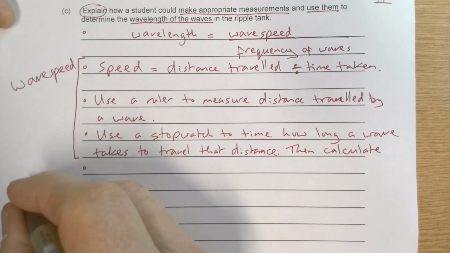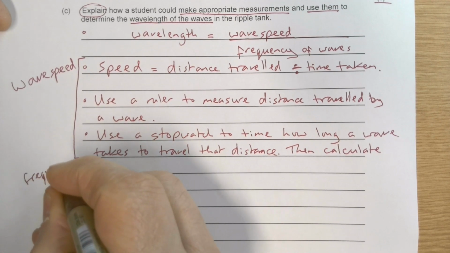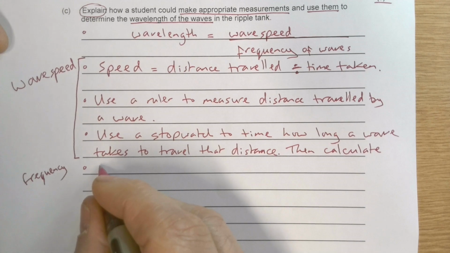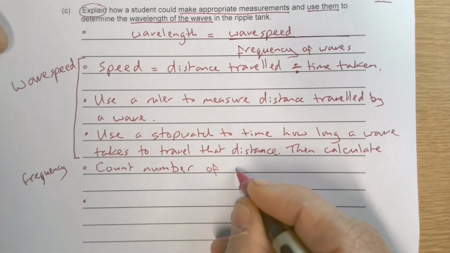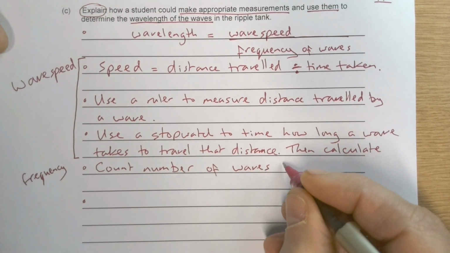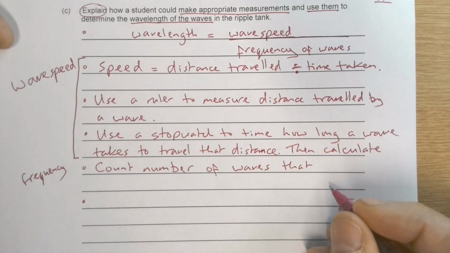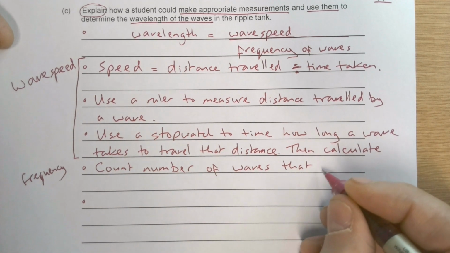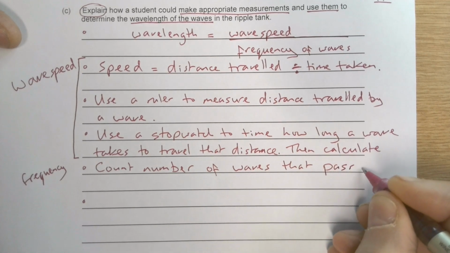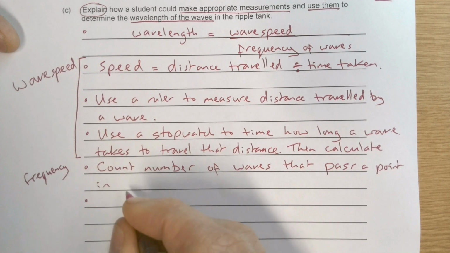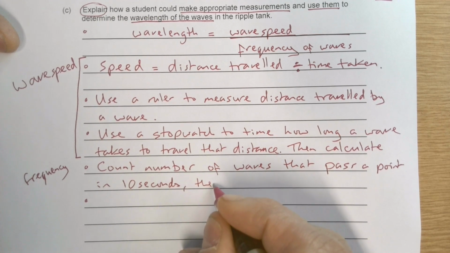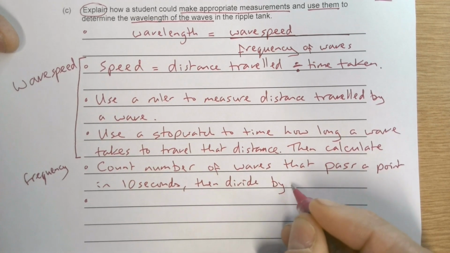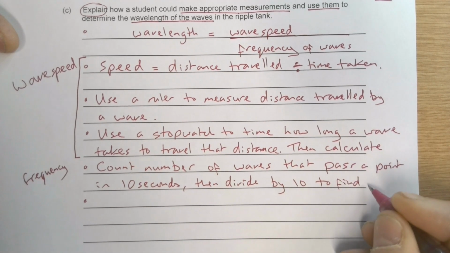How do you find the frequency? Frequency, I'm going to count the number of waves that pass a point in 10 seconds, and divide by 10 to find frequency.